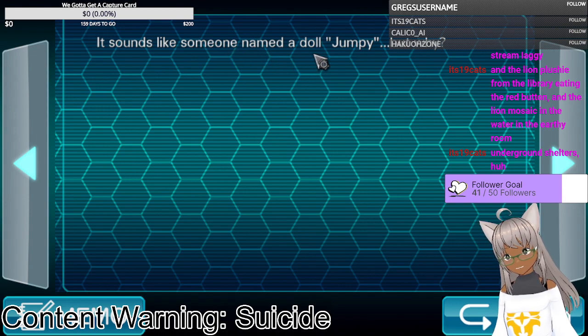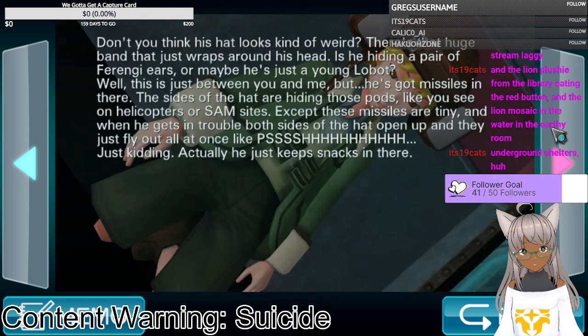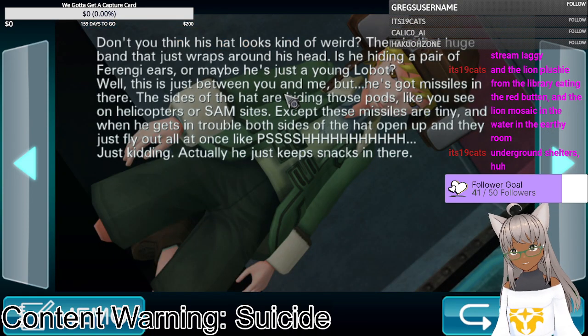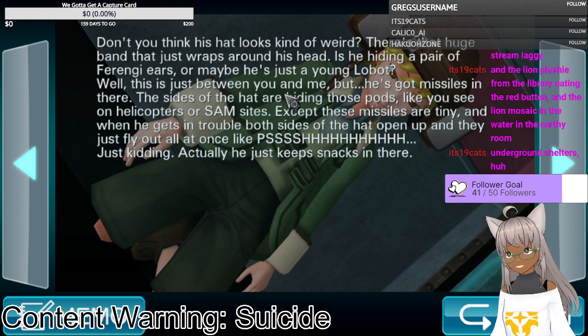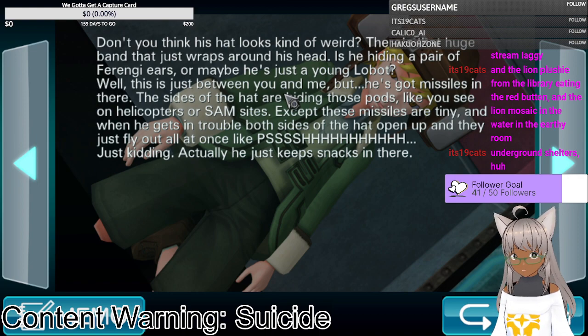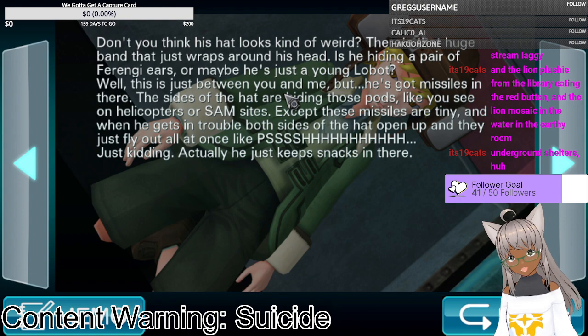Sounds like someone named a doll Jumpy. But why? Huh, I wonder why. Don't you think his hat is kind of weird? There's that huge band that just wraps around his head. Is he hiding a pair of Ferengi ears? Or maybe he's just a young Lobo?